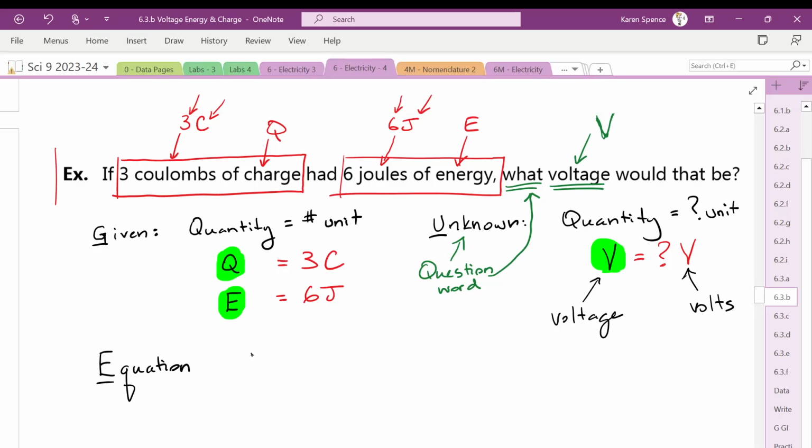So we have V is equal to E over Q. So that's our equation. Do we need to solve, or have we already solved for the unknown?